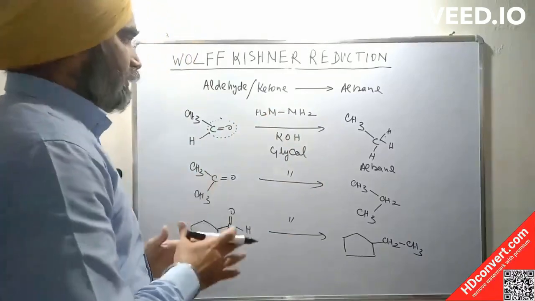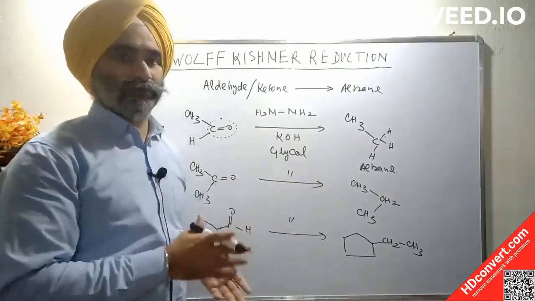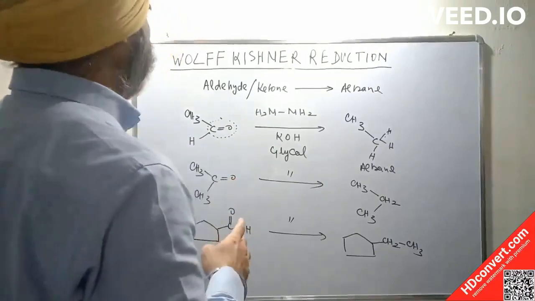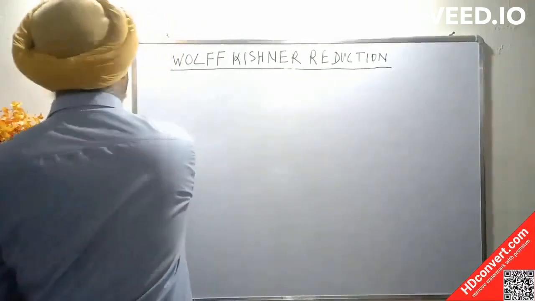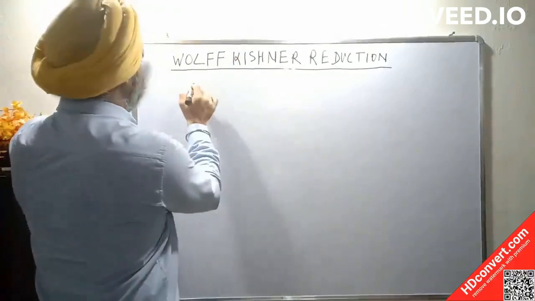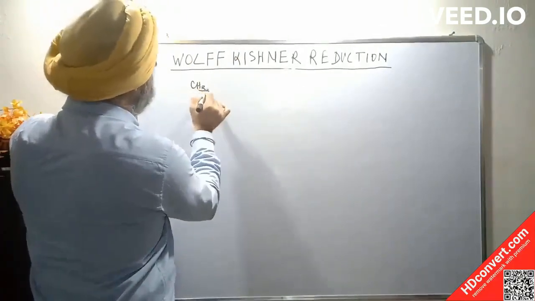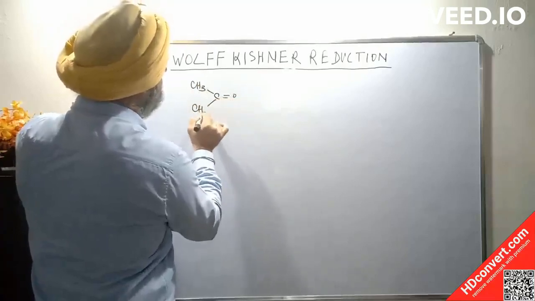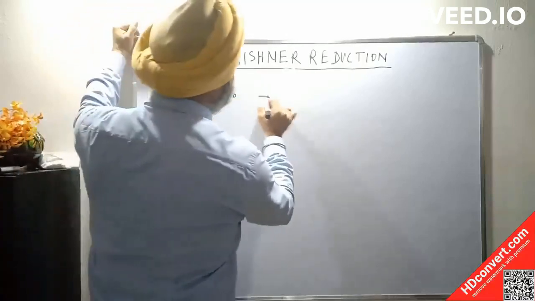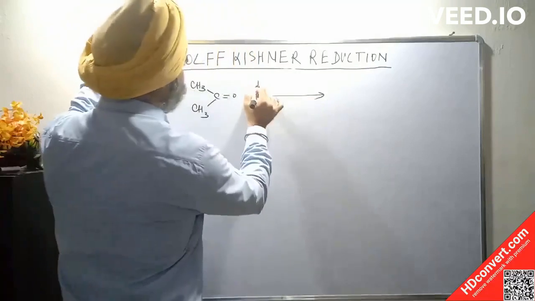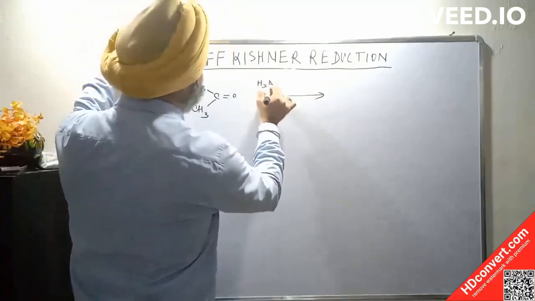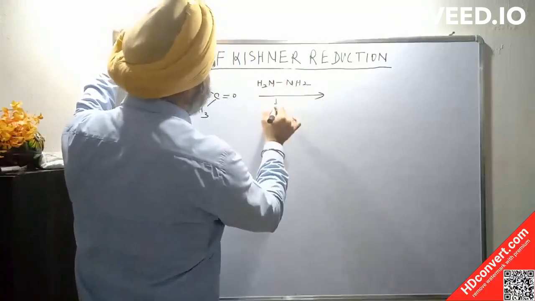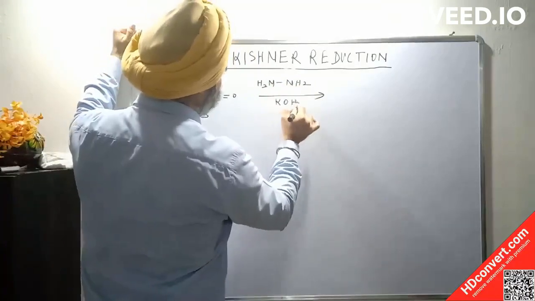Now we need to see how this reaction happens. So we will study the mechanism of this reaction. We are starting with ketone, CH3C double bond O, CH3, and it is treated with hydrazine, NH2 NH2, in the presence of basic medium and glycol.